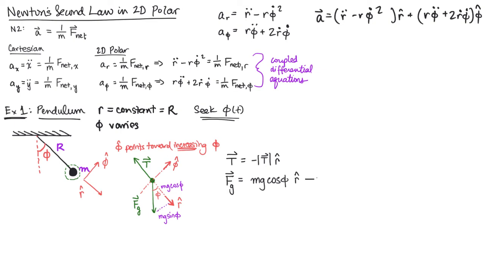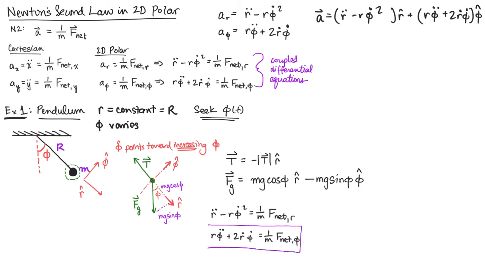So we're going to have minus mg sine phi in the phi hat direction.